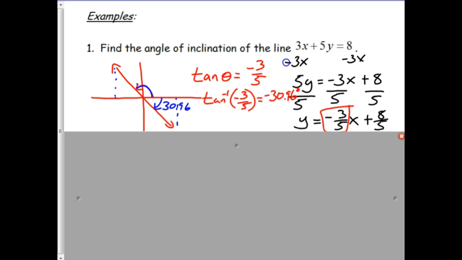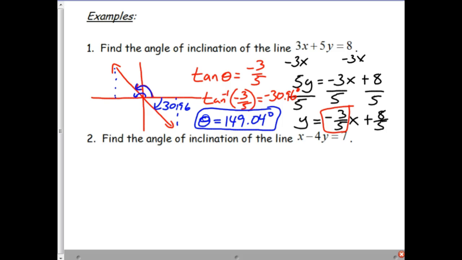Okay, we just subtract from 180 because the straight line is 180. And when we do that, we get theta equals 149.04 degrees. Just remember, with angle of inclination, you're looking for a positive angle that's between 0 and 180 degrees.